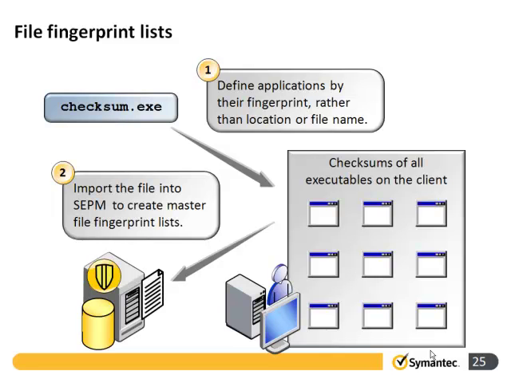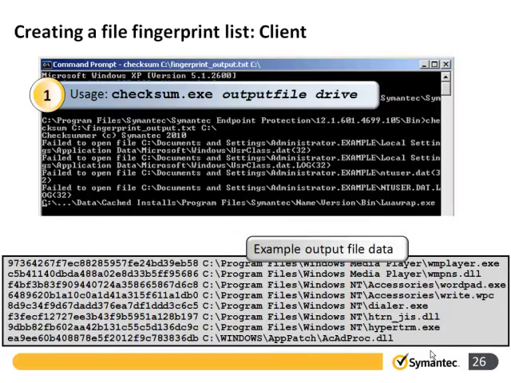So, file fingerprint lists, what are they exactly? Well, they are a checksum of the applications that are running on the particular client. Once you've created your checksum list of all the allowed applications, you can import them into the SEPM for use within the policies. Here we can see we're creating a file fingerprint list on the client.